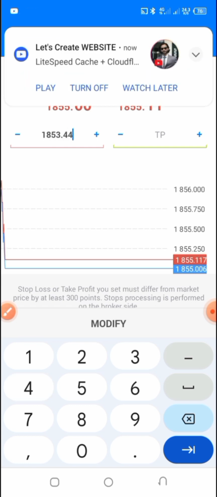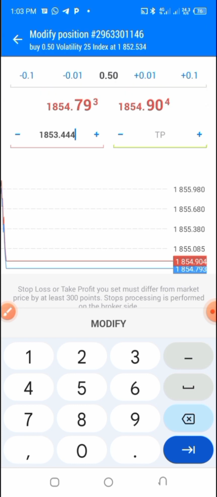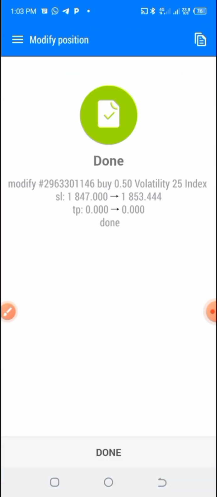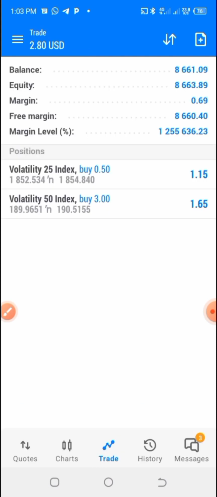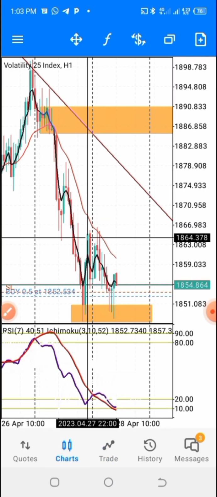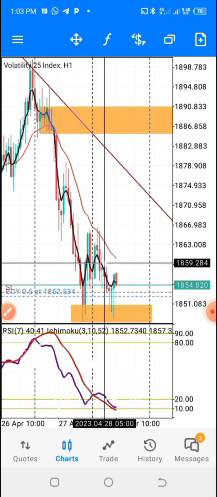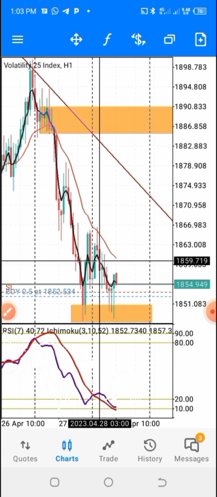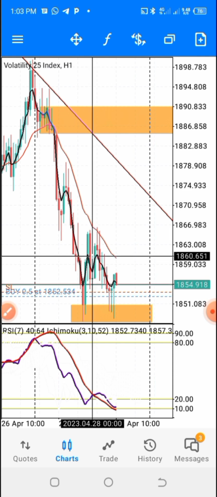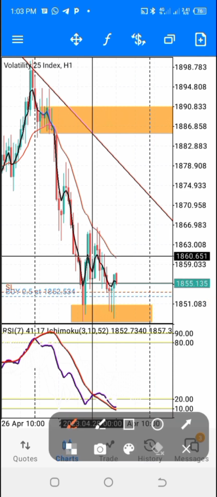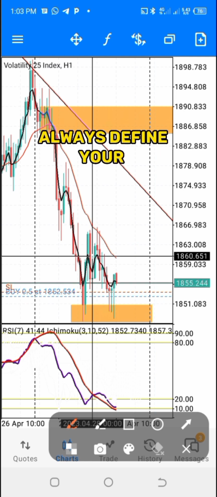1853, 444. I haven't put the take profit. If I want to put the take profit, I can go here. For example, I say if price reaches 1859 or 1860, let me make it 1860 here. All right, sell for me, rather exit.